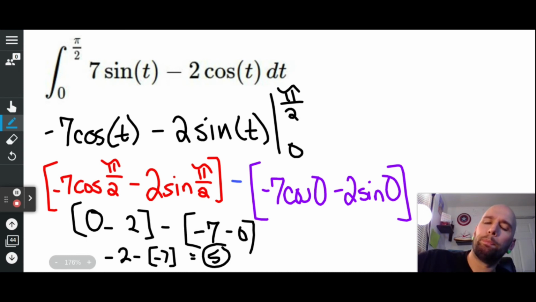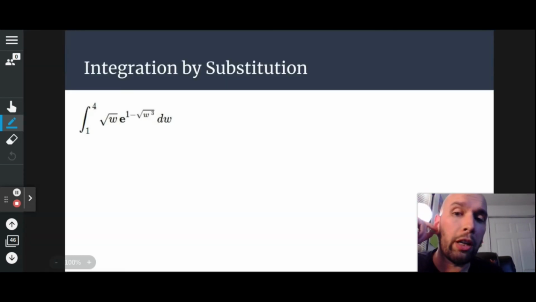Who would have thought? Now we're going to do integration by substitution, but we're using definite integrals. So the rules don't change. I need to find a u whose derivative is floating around elsewhere. Also, I have an e to the stuff that's not x, or in this case, w.